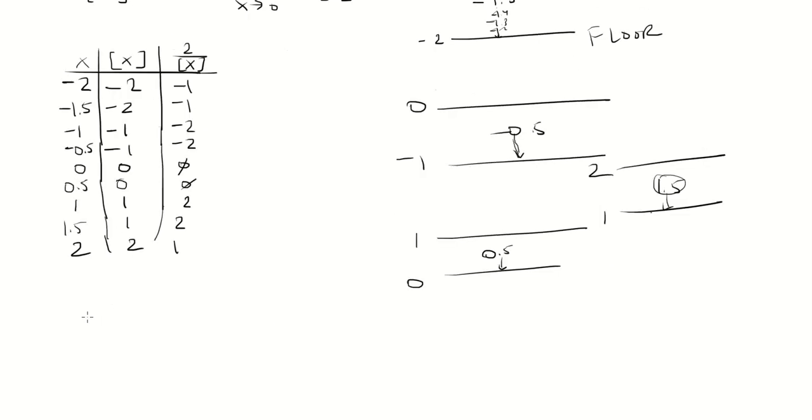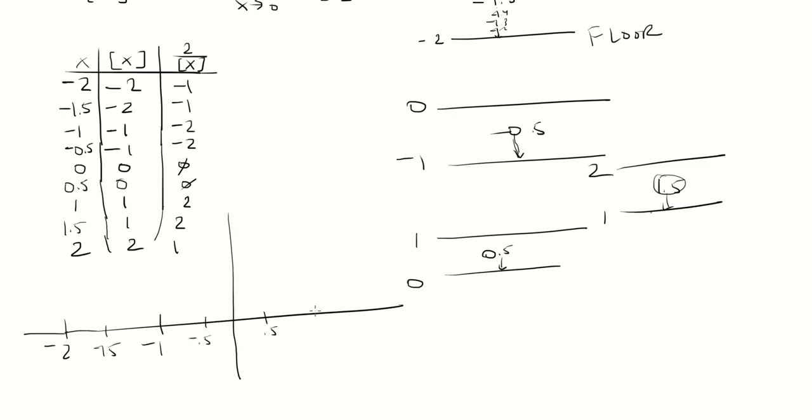So now we can graph this. So between -2, so -2 starts at -1, and then -1.5 is still -1 until at -1.